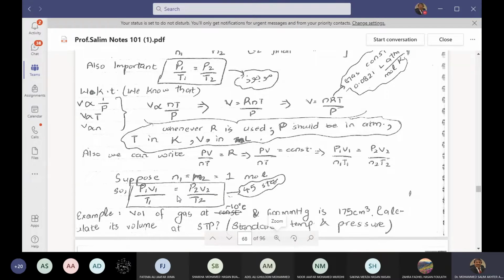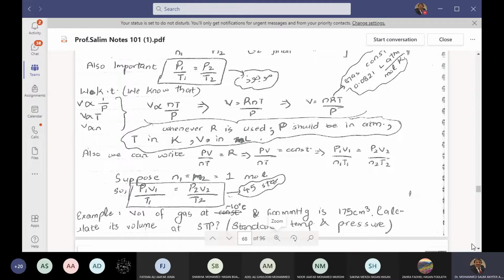In this equation, R is not there. So if R is not there, as long as you are keeping the same units on both sides, it's okay. Same unit means it should be ATM and ATM, or millimeter mercury and millimeter mercury, or milliliter and milliliter, liter and liter.